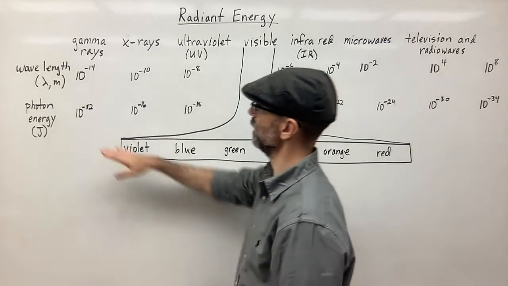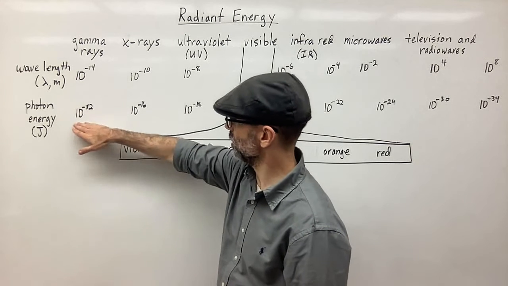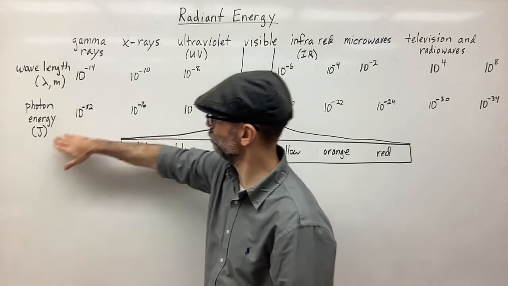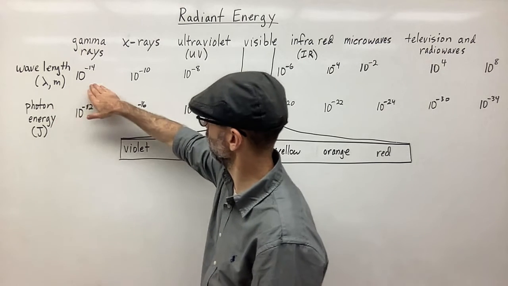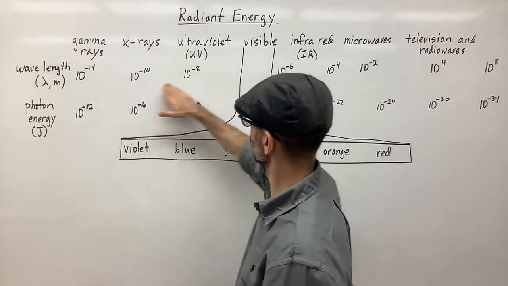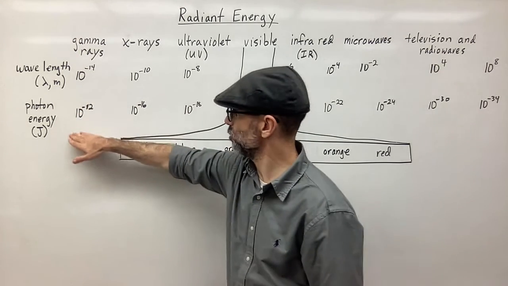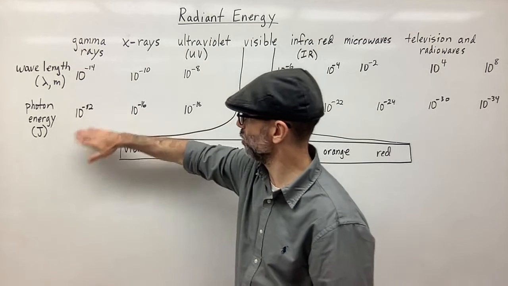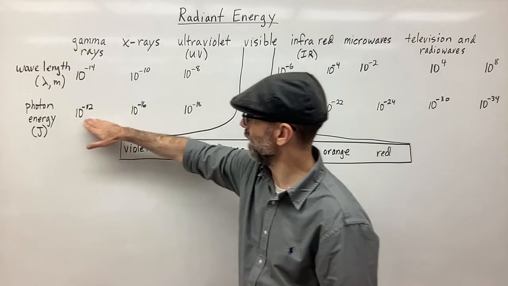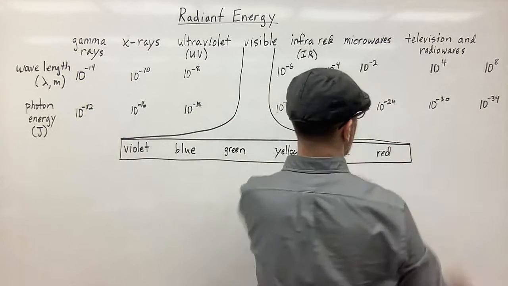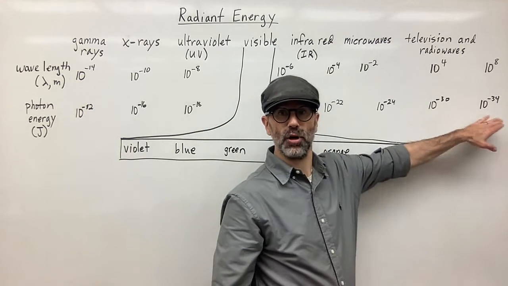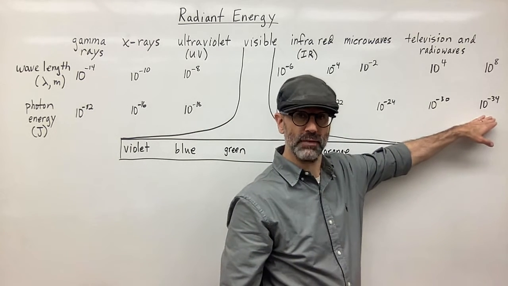And then you'll see here that the energy starts at 10 to the negative 12 joules. So wavelength is in meters, and we're increasing the wavelength. But notice what happens to the photon energy. It's going from 10 to the negative 12, 10 to the negative 16, negative 18, all the way to negative 34. So this is a much smaller amount of energy.